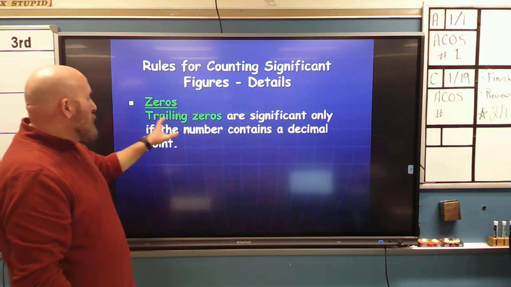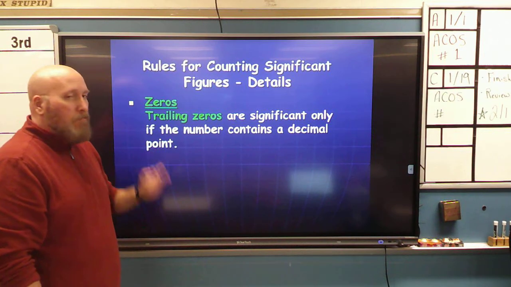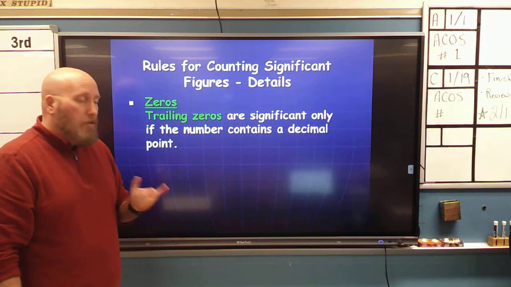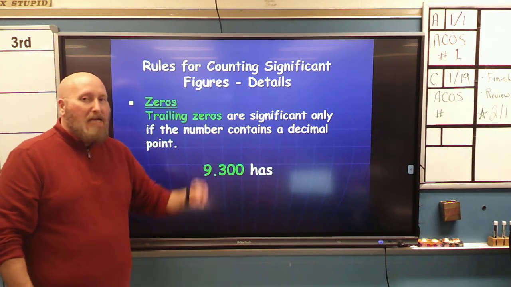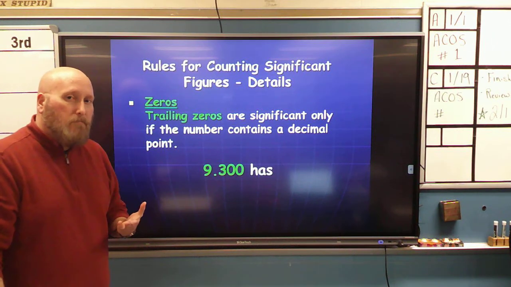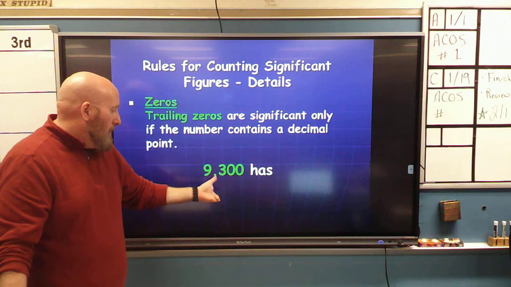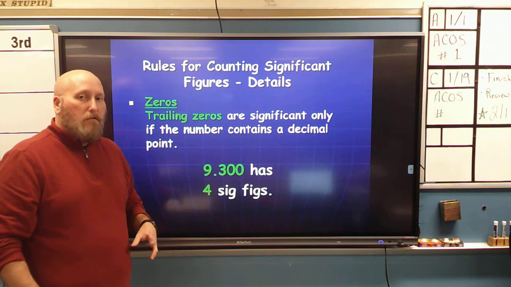Trailing zeros are significant only if the number contains a decimal point. Okay? What does that mean? Well, I'm going to show you. This number right here, 9.300, has how many sig figs? Well, this one and this one, and these two as well, because there is a decimal point there.